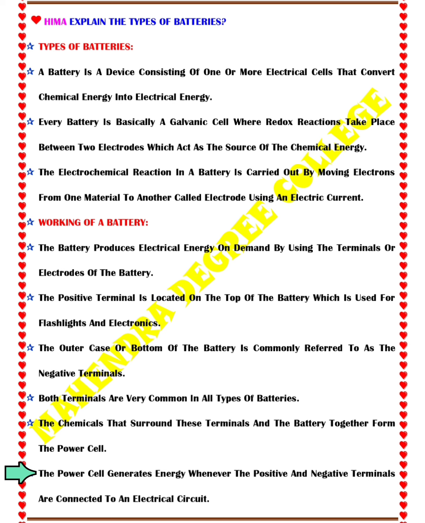When the positive terminal and negative terminal are connected to a complete circuit, the electrons flow through the circuit, powering devices like lights, fans, or toys. If the terminals are not connected, the circuit is open, so no current flows and no energy is delivered.